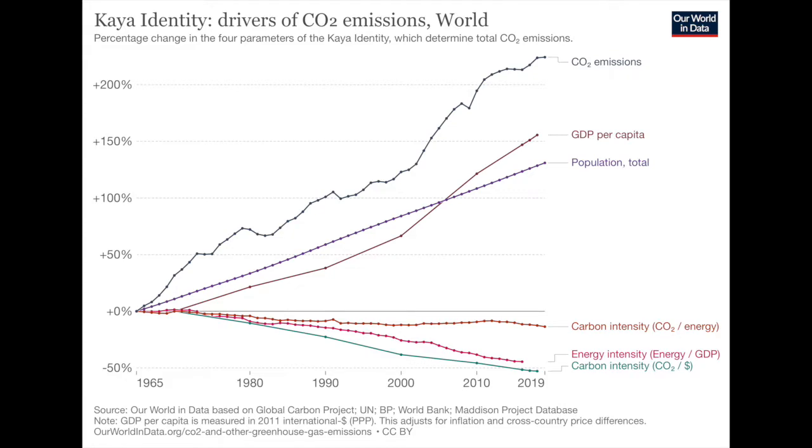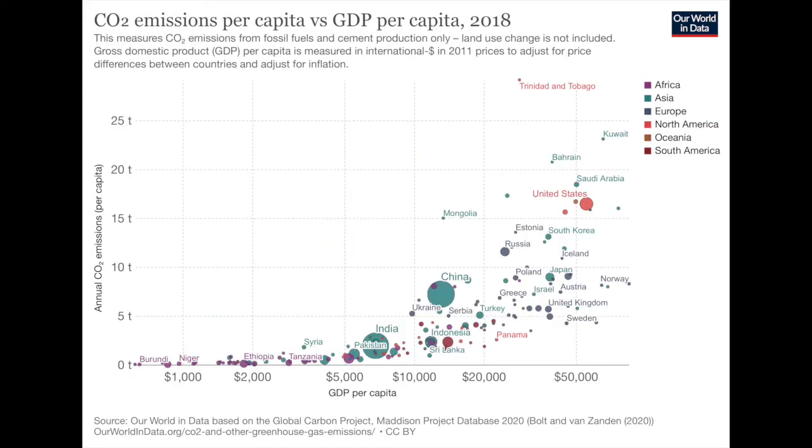An advantage of using this identity is that we can separate all these values, and we can see where we need to make changes in order to reduce carbon emissions. So here we can see the CO2 emissions per capita versus the GDP per capita.